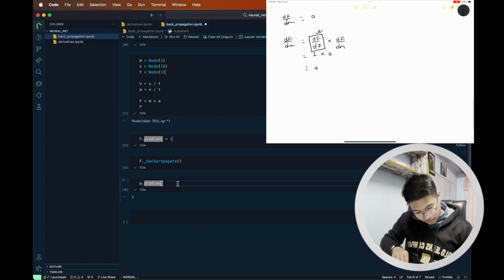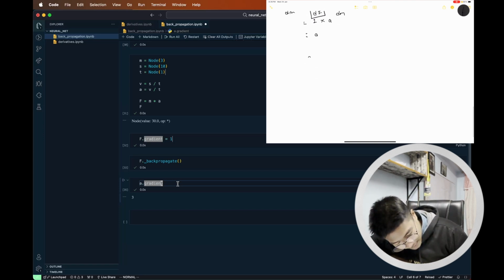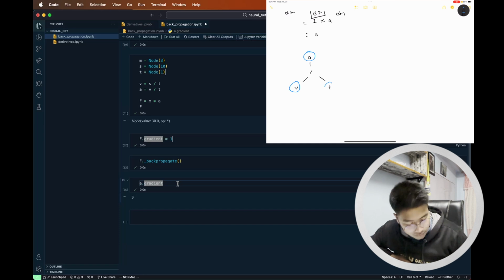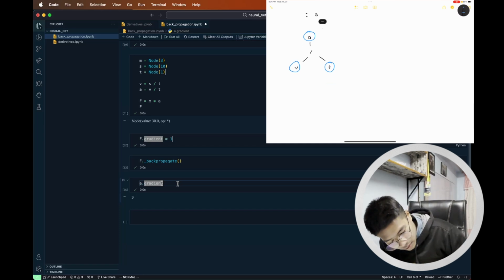Okay, so let's look at another node. So another node would be acceleration, which is a division of v and t. If you look at this particular node, I am interested to do a backpropagation over here as well. So this is df by da, which is basically the gradient.